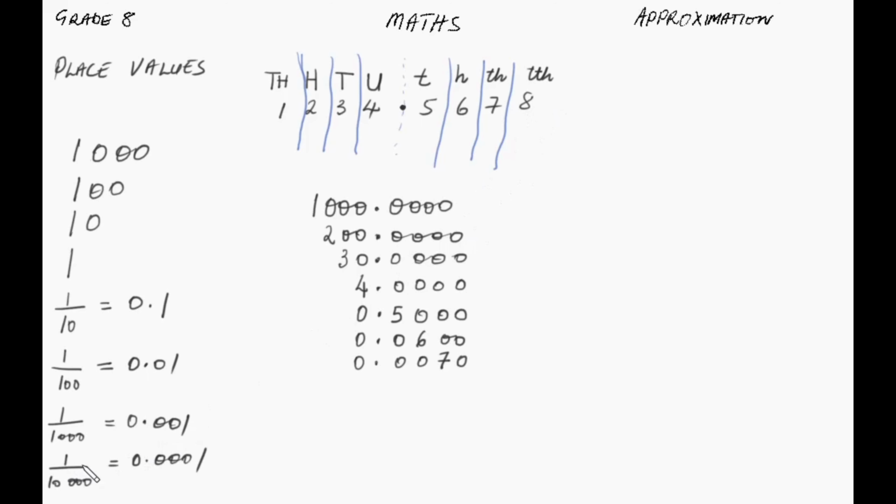It looks like this, 0.0001, so we are going to have 0.0008 in this case. If you added all of this, you would come up with 8 here, 7, 6, 5, the decimal, then 4, 3, 2, and 1.